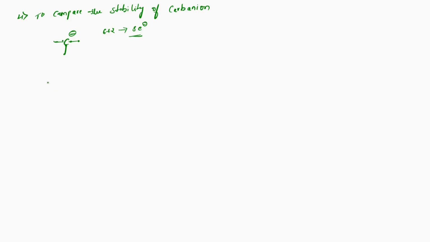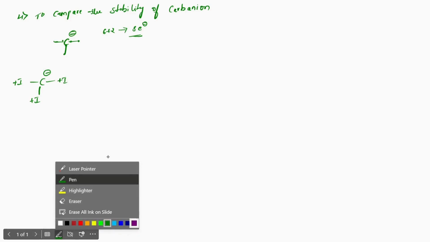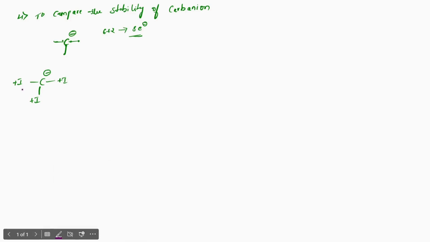Therefore, consider the carbanion, what if positive inductive groups are attached? We will see. Positive inductive groups are attached. What happens? As we know, positive inductive groups are going to donate electrons.